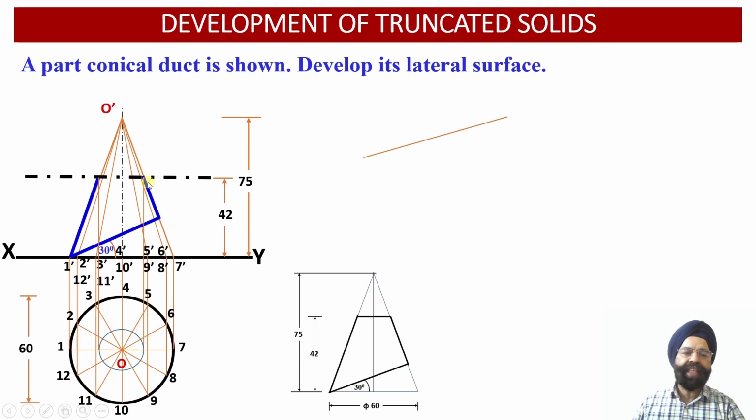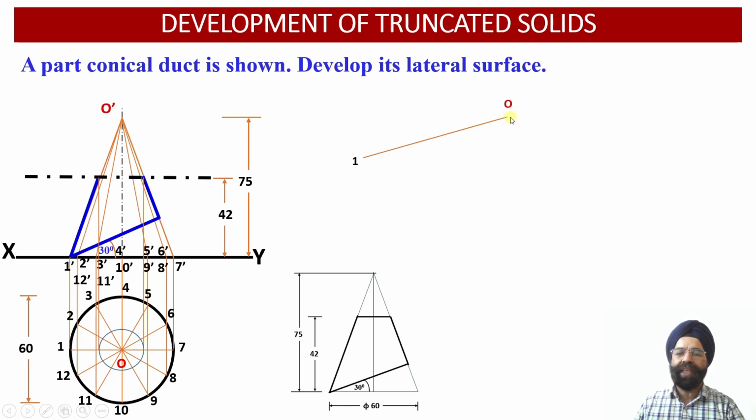Similarly, O7 is again the true length of the slant generator in the elevation projection view. So with these two radii which are equal to each other, we are going to open the compass from point O, and mark the radius O1. So the true length of the slant generator, this radius we have marked out.